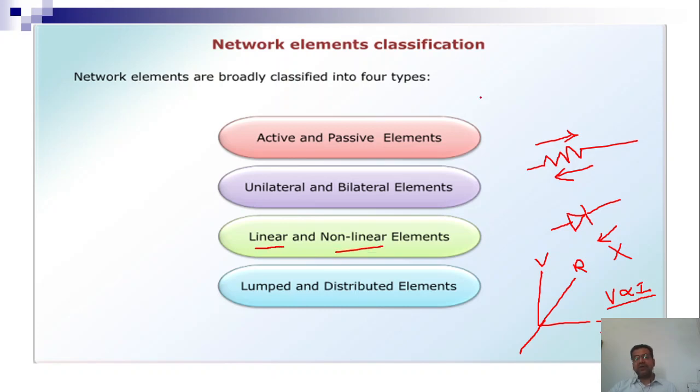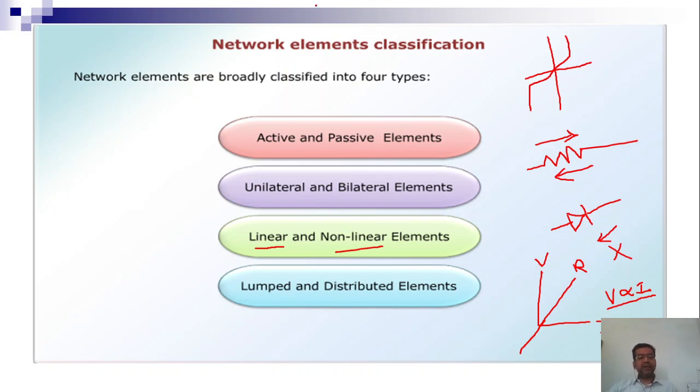Non-linear element: if you draw the voltage and current relationship of a diode, it is not linear, frankly speaking. So generally when you consider linearity, only resistance comes into the picture. Only the resistor is a linear element for us, even inductor is also non-linear, capacitor is also non-linear. So that is the point.